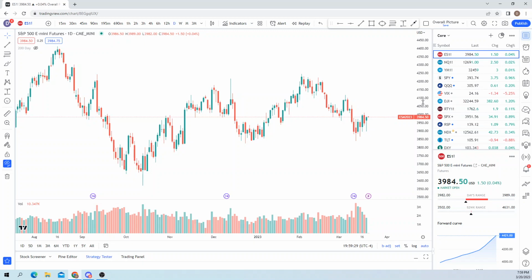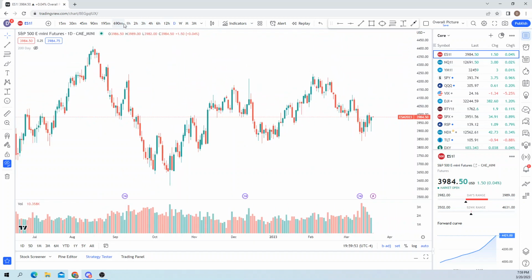Same on the downside, right? If you have a bearish market, you want to see the relatively weaker index lead to the downside, and you want to see that relatively weaker index break below supports. So that's just something that I use every single day in all types of markets.